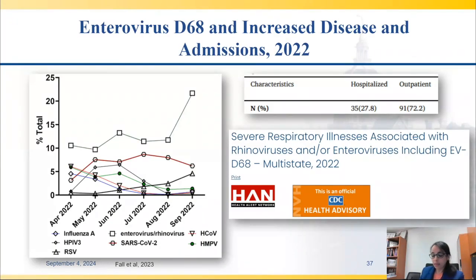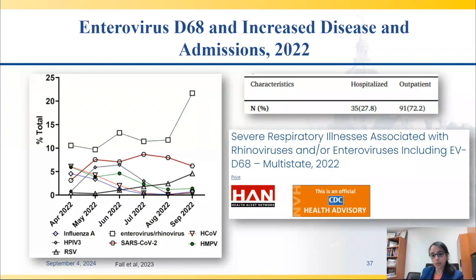This is similar to data that we published prior to this past influenza season, where enterovirus in our system was shown to cause outbreaks in 2022 as an example. We had outbreaks of severe disease associated specifically with enterovirus D68.